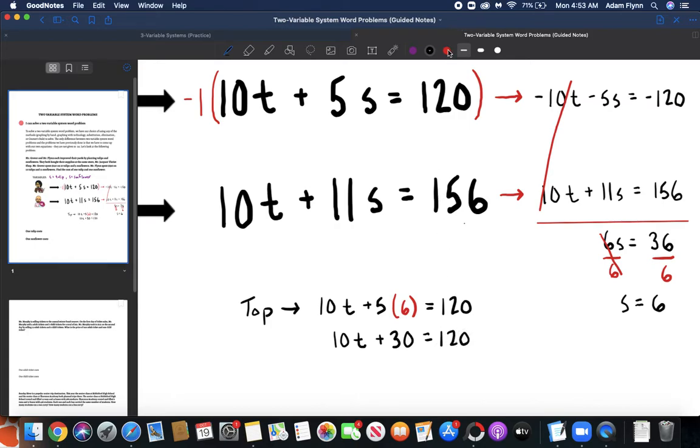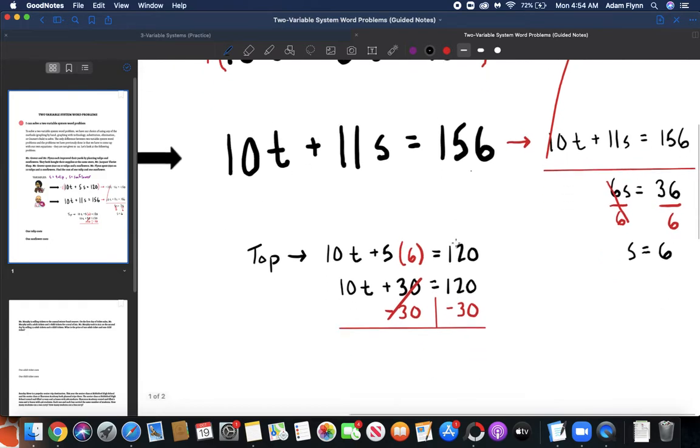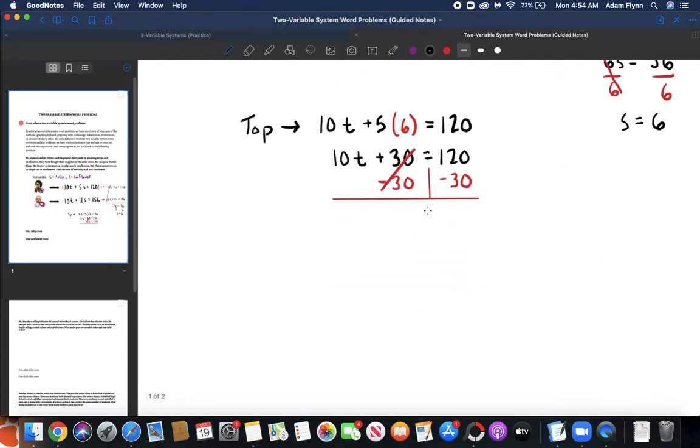At this point, I know I can subtract 30 on both sides. 30's cancel on the left side, and I am left with 10t equals 120 minus 30, which is going to be 90.